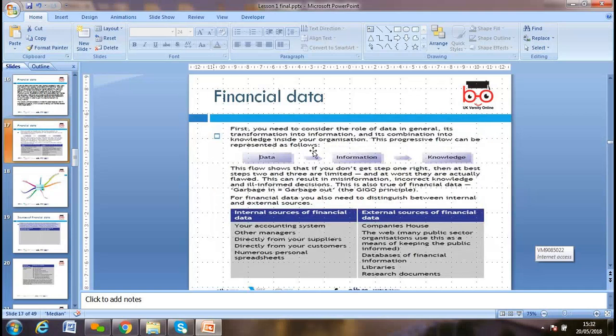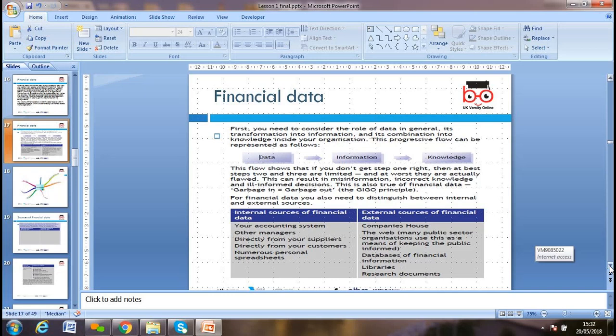Financial data, like we discussed earlier: data, information, and knowledge. Internal sources of data where we can get the data from: accounting systems, directly from your suppliers and customers, and numerous personal spreadsheets, which are personal reports we prepare in accounts.